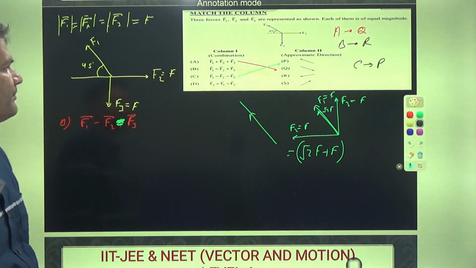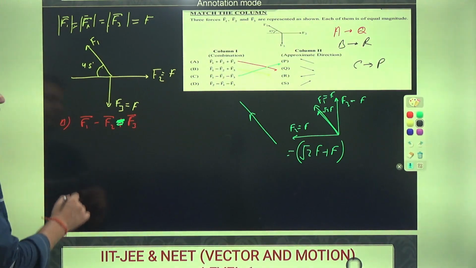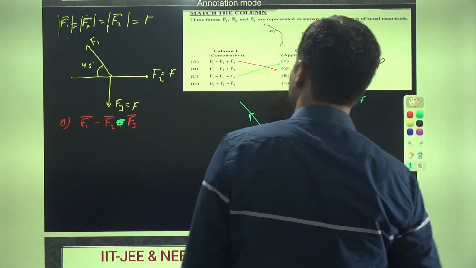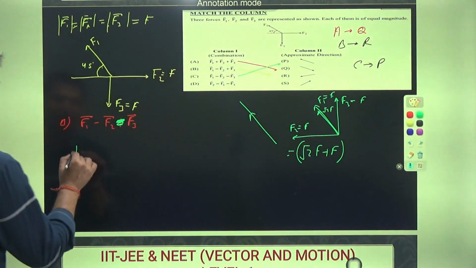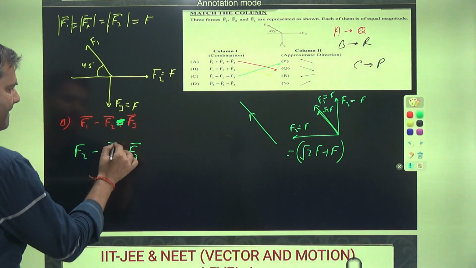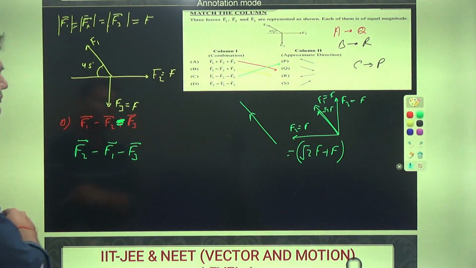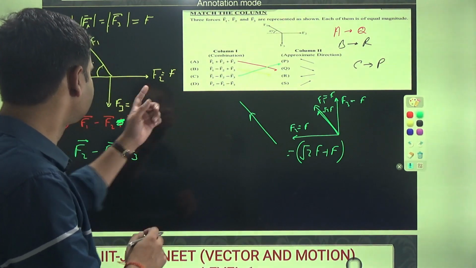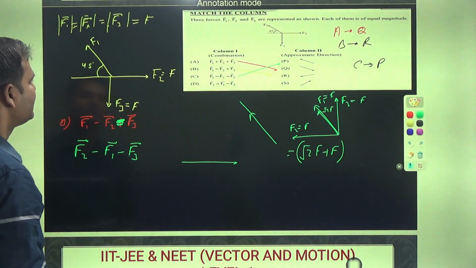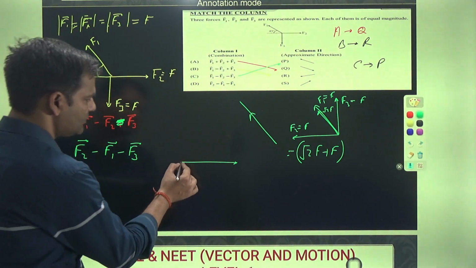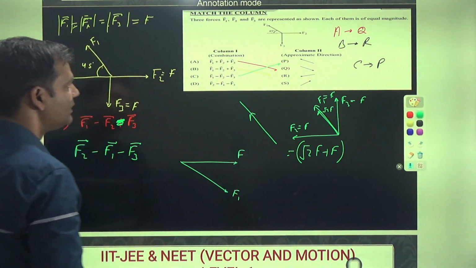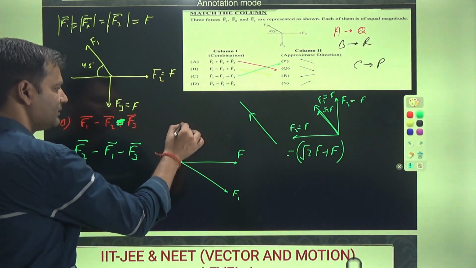Now the last one, F2 minus F1 minus F3. F2 direction is that one, minus F1 like that one, here F, and minus F3, that one.